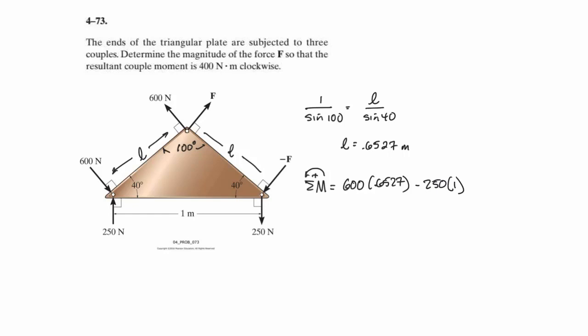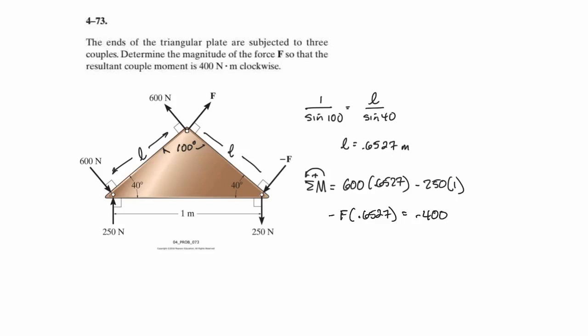Then the unknown couple is going to be this times this direction, which would be negative. So that would be negative the force times the other distance L, which would be 0.6527. And it says the resultant couple has to be equal to negative 400, because it's clockwise, so that's negative 400.